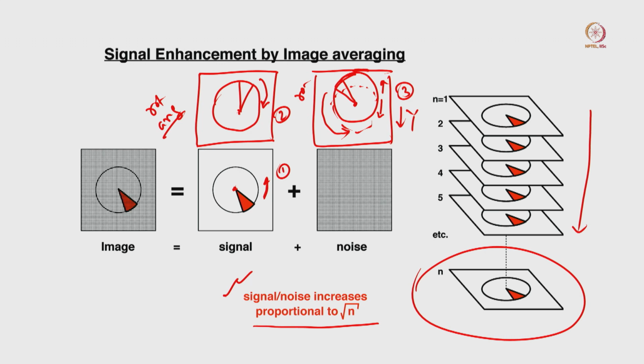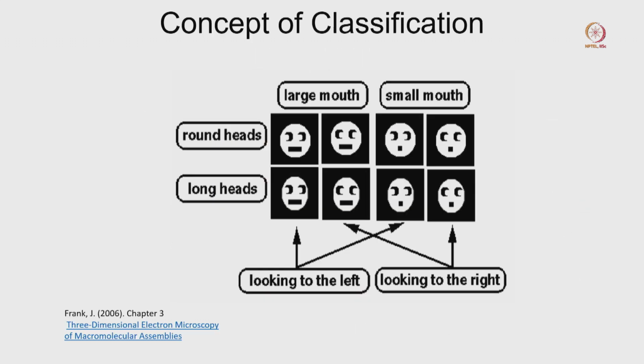Here I will give you another very simple example that will help us understand this entire process. If you look at this particular image, I have a total of 8 samples, where you have a round head and large mouth.